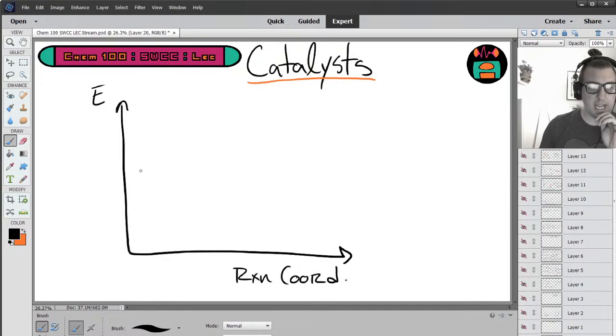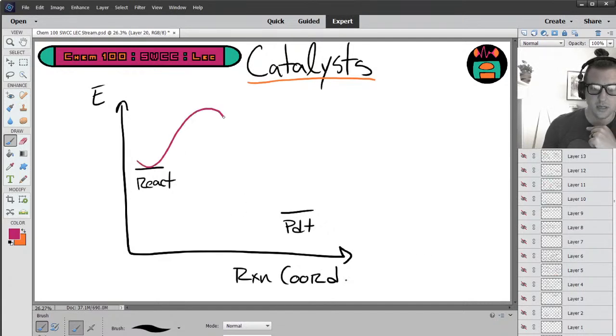I'm going to draw an exergonic reaction here. So here's our reactants. Here's our products. And here's our reaction coordinates. This is our EA.